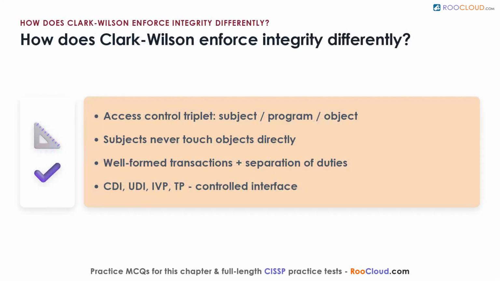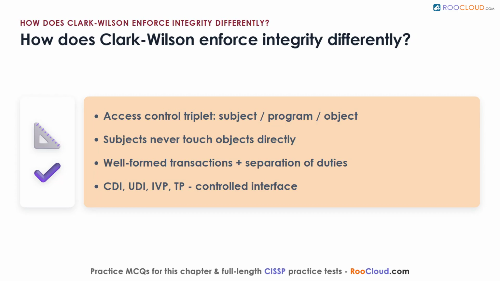How does Clark-Wilson enforce integrity differently? Instead of a formal state machine, Clark-Wilson protects integrity through a three-part relationship. The access control triplet of subject, program, and object. The key idea is that subjects never touch objects directly. They must go through a well-formed transaction, a control program that limits exactly what can be done.